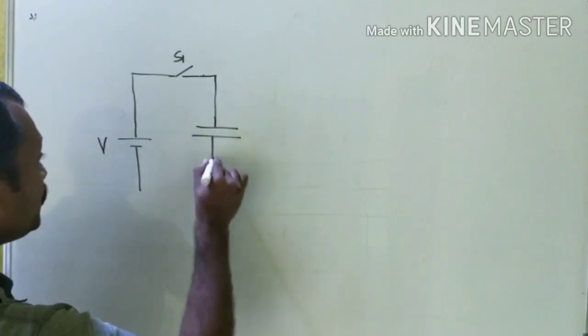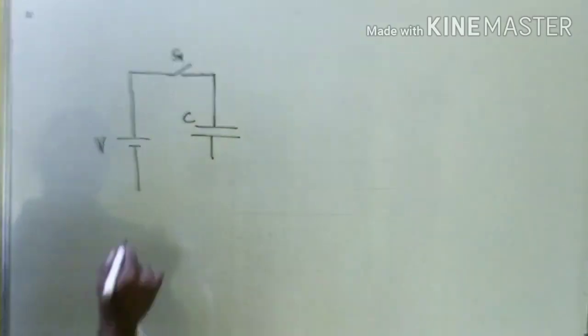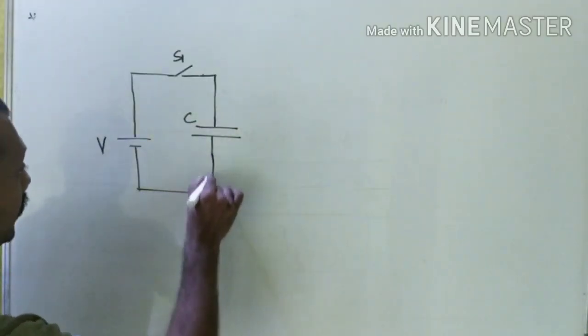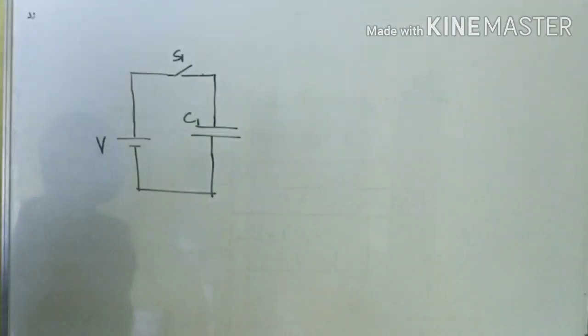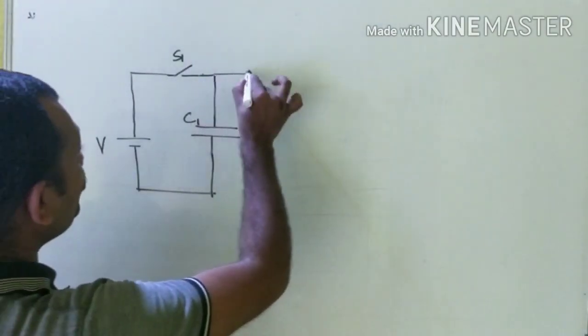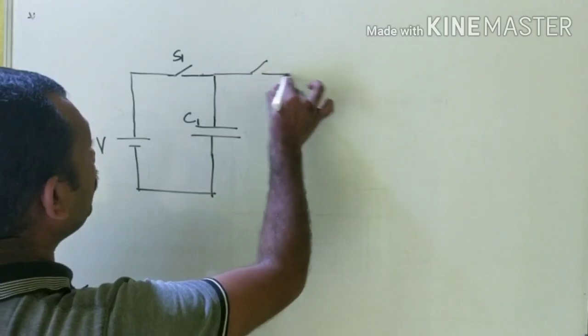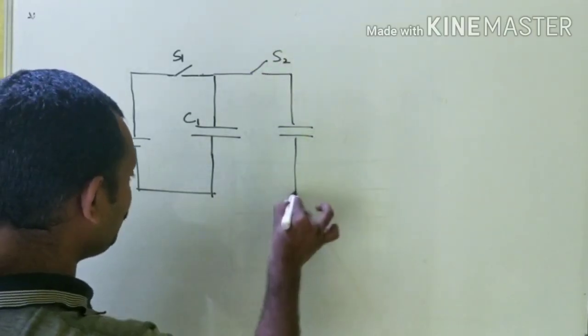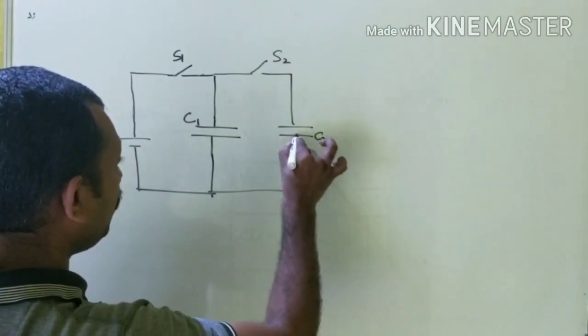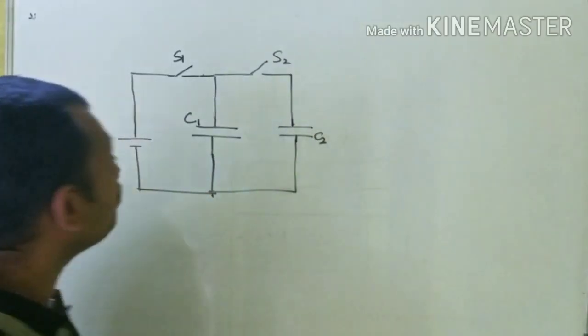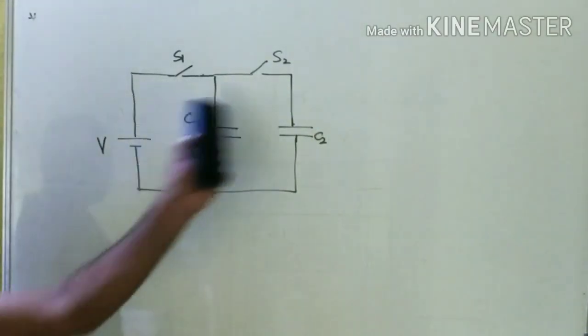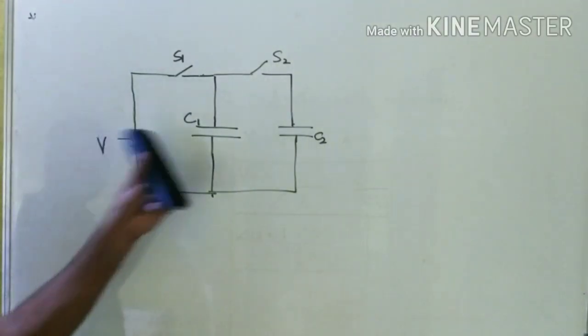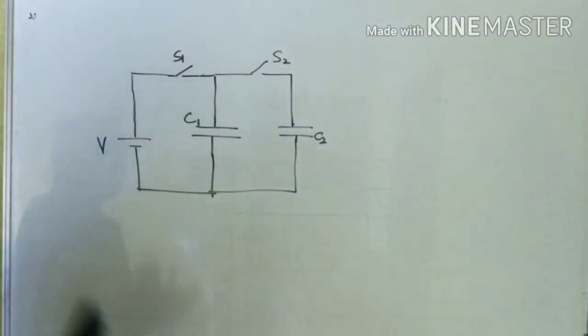This capacitor is C1, or rather C. And there was another switch S2, which is connected to a capacitor C2. In the board examination question, they gave similar capacitors of the same capacitance, but I take different values because this will generalize this kind of problem.